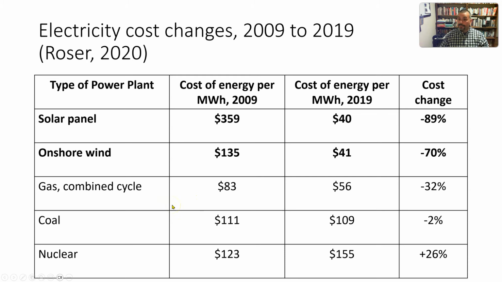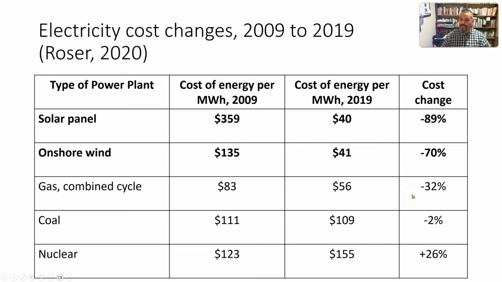Combined cycle gas plants are one type of natural gas electricity plant that's in use, and these are ones that tend to run pretty much all of the time. What we see with gas is that these kinds of power plants also got cheaper, but the cost decline was not nearly as much.